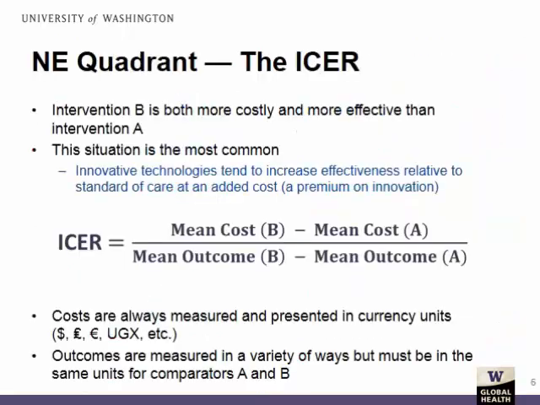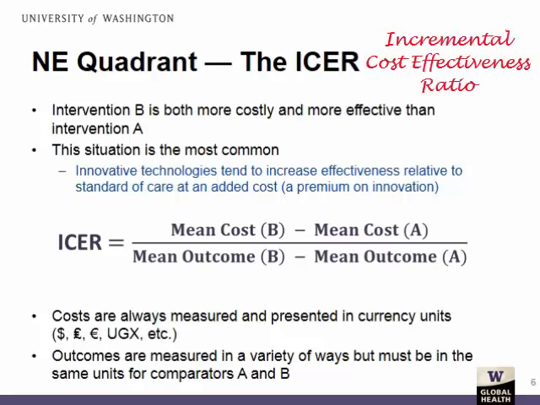So in the northeast quadrant, you have what we called the incremental cost effectiveness ratio, or the ICER. Let me write it down just to emphasize it, because it's an important metric in this field. So the ICER, the intervention is more costly and more effective, essentially.